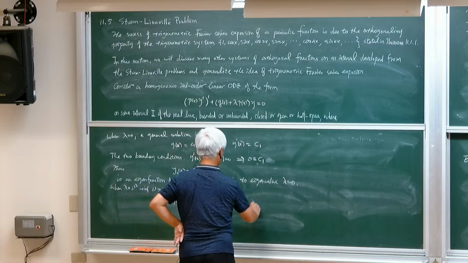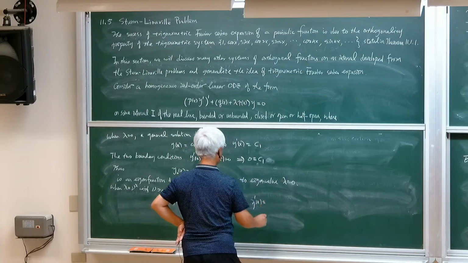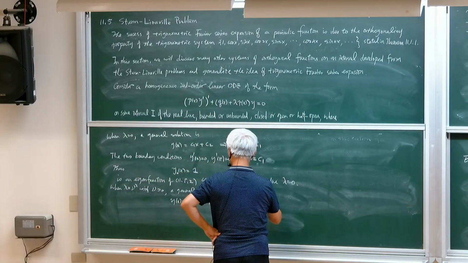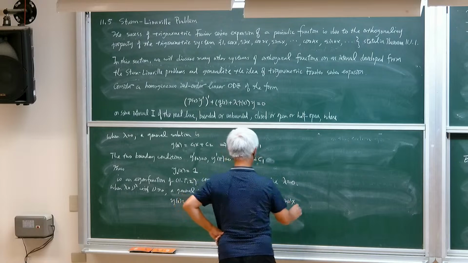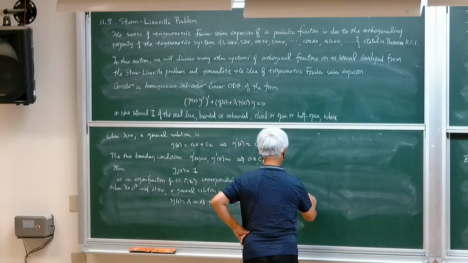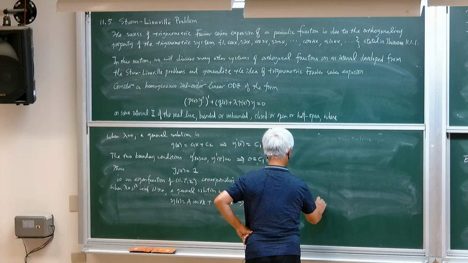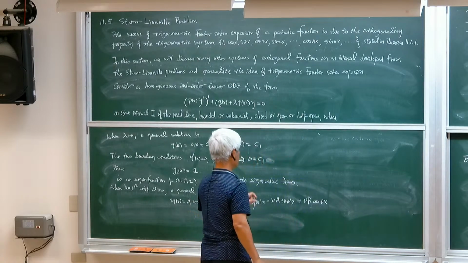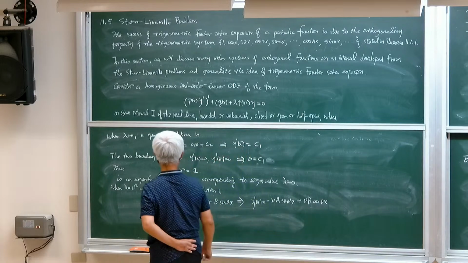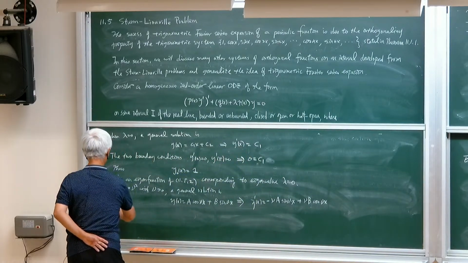So this implies y prime of x equal to minus nu a sine nu x plus nu b cosine nu x. And the two boundary conditions.